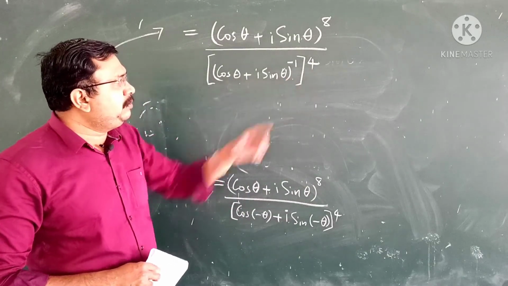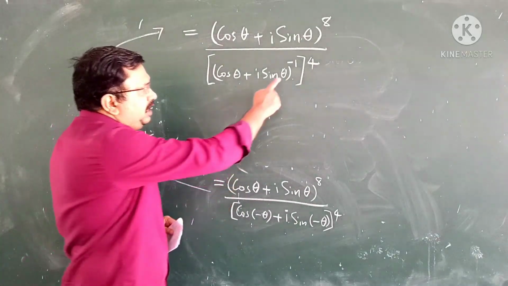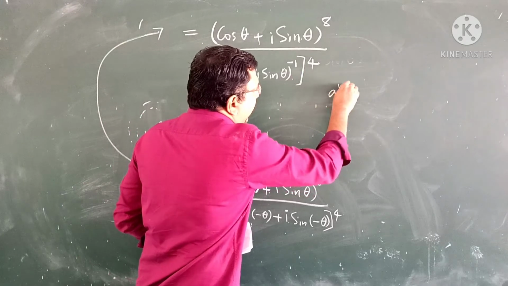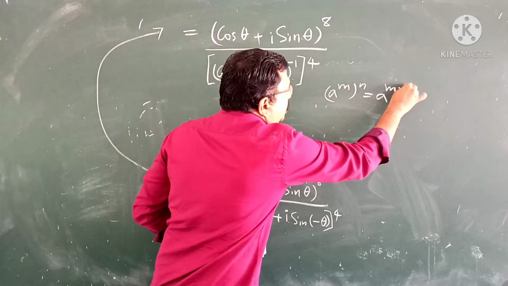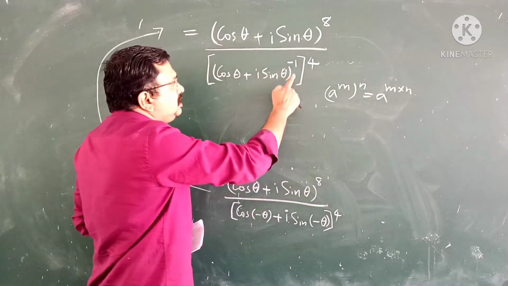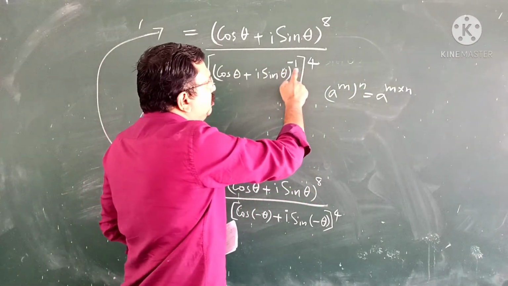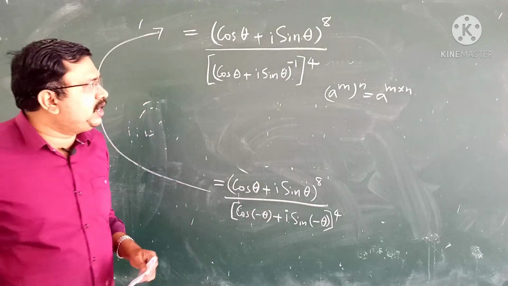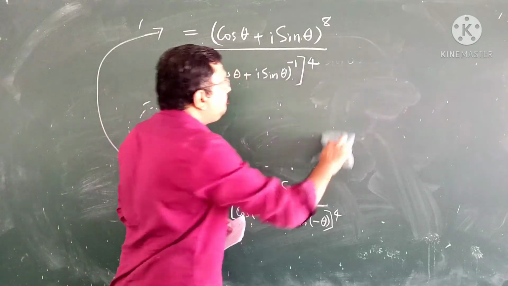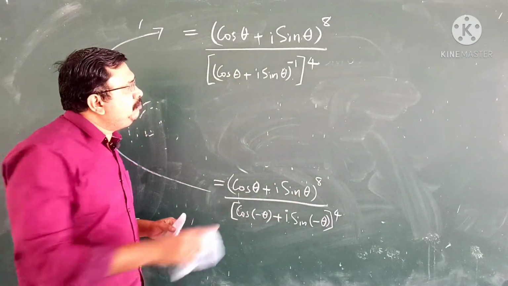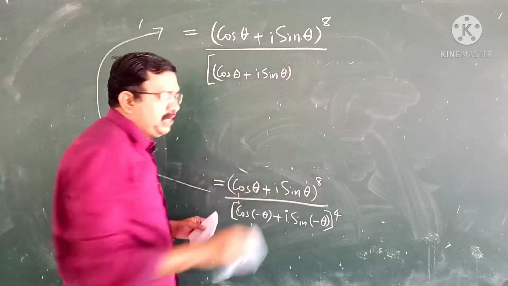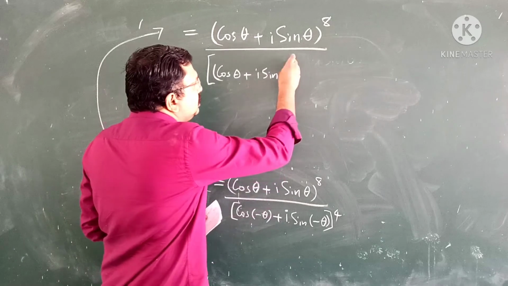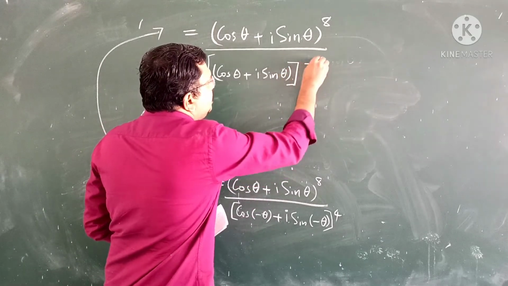Remember that here it is of the form (a^m)^n, which is equal to a^(m·n). Therefore here it is minus 1 and 4. What is minus 1 into 4? The answer is minus 4.